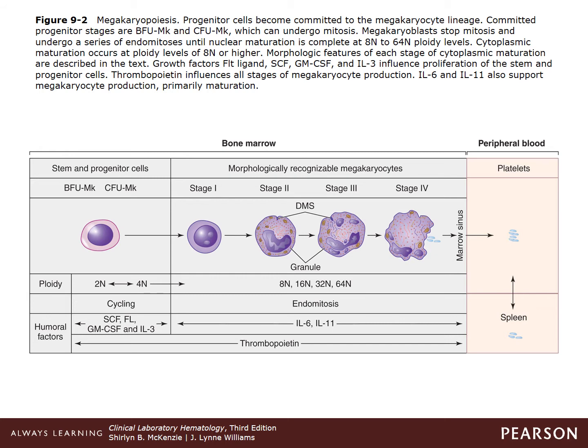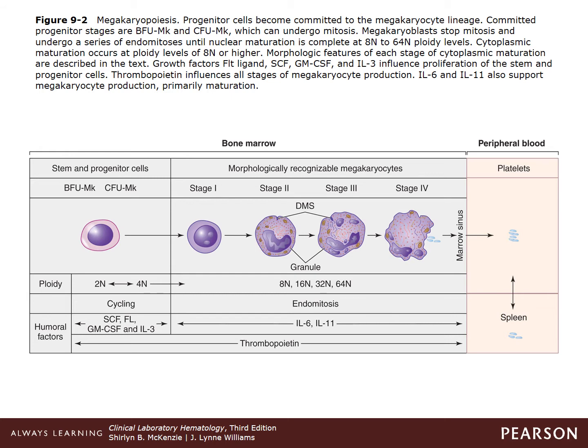Platelets are cytoplasmic fragments of mature megakaryocytes. Now, what's very unusual about the megakaryocyte and the formation of platelets is that endomitosis occurs within the cell, meaning they divide within the cell instead of producing daughter cells and increase their DNA ploidy from 8 to 64, and then they can start to pinch off and create fragments or platelets.